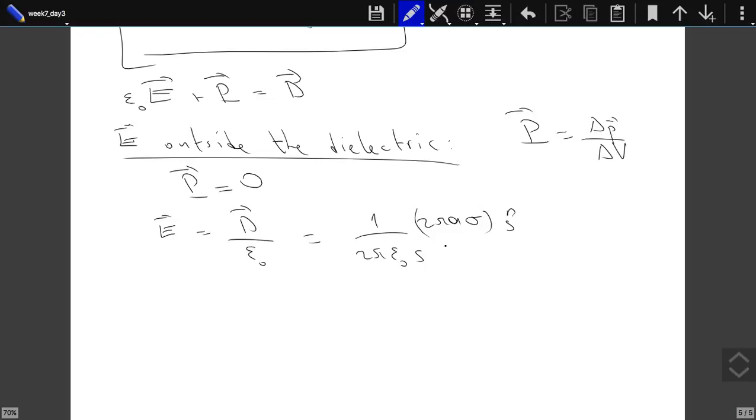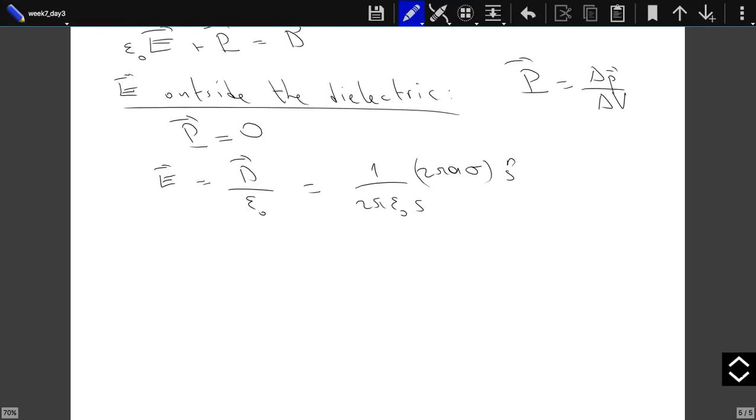So for an outside observer, all the charge of this dielectric will behave as an infinite wire at the center of this dielectric. What is the total charge of the dielectric? 0. So it won't have any effect outside. This is what we had seen over here.